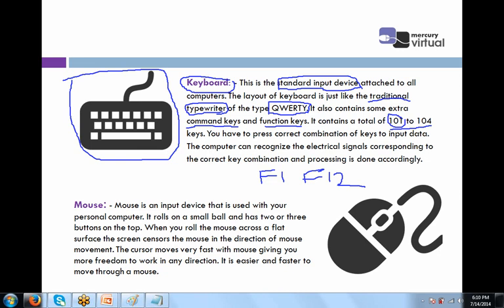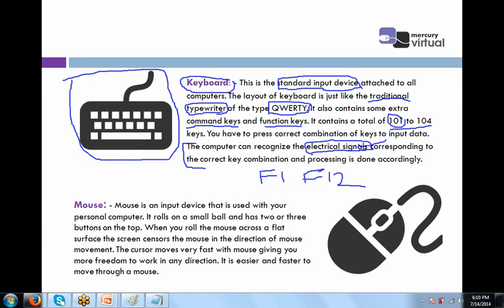The computer can recognize the electrical signal. These two lines are about the processing of the input device, that is keyboard, means how the keyboard processes, what is the scenario, what is the technology used in the keyboard. So the computer can recognize the electrical signals, means how the computer takes the input with the help of a keyboard.